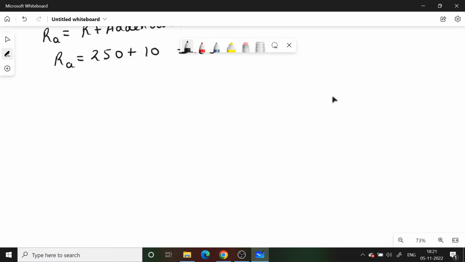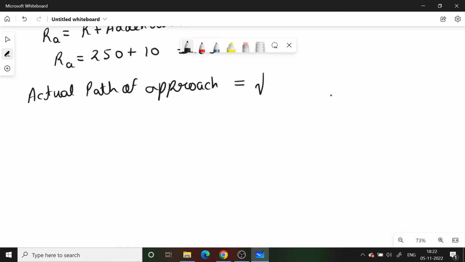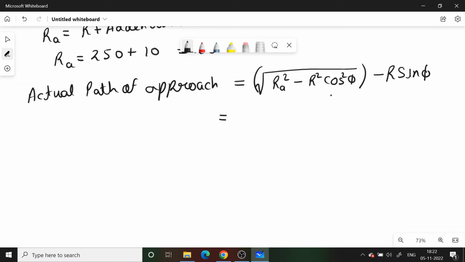Let the pinion be assumed to be the driver. Then actual path of approach will be equal to under root RA square minus R square cos square phi, minus R sin phi.